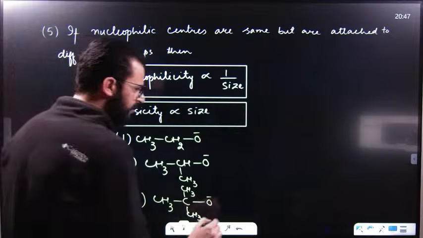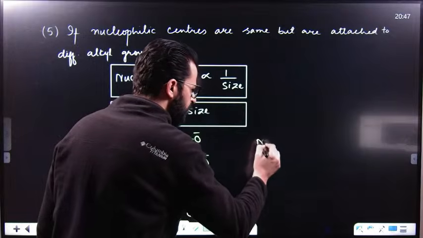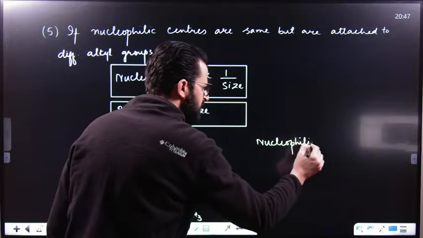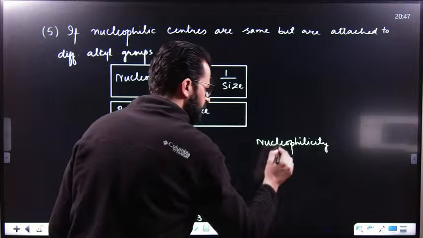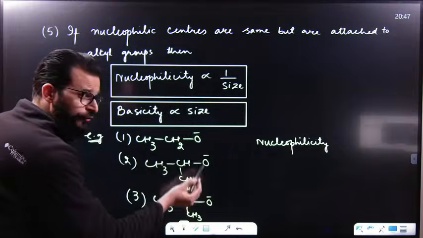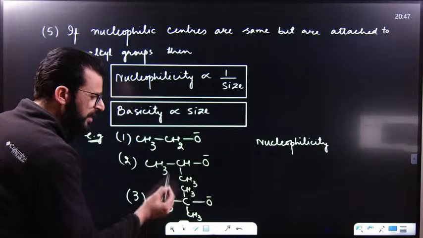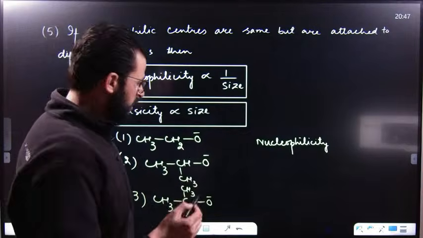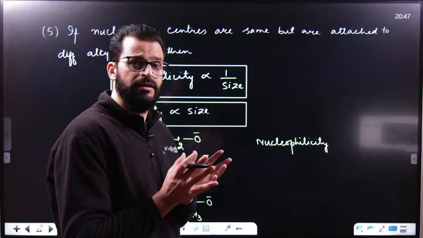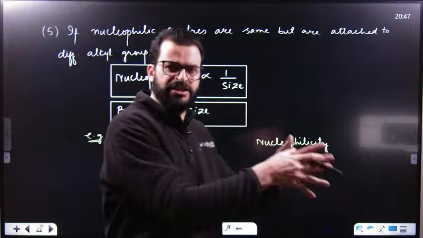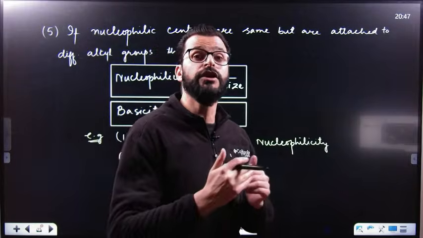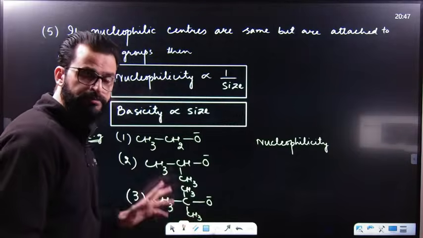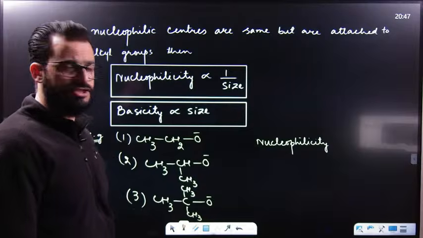Now, what will happen? Remember, at that time nucleophilicity order depends on size. If nucleophilic center is same but size of alkyl group increases, then when this nucleophile attacks the electron deficient site, there will be repulsion, because the bulkier the group, the more the steric repulsion.